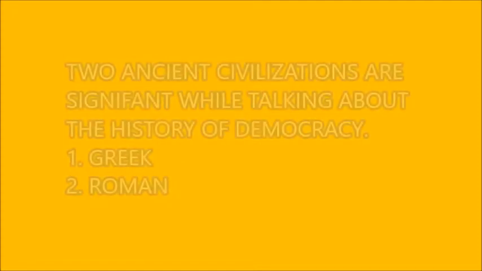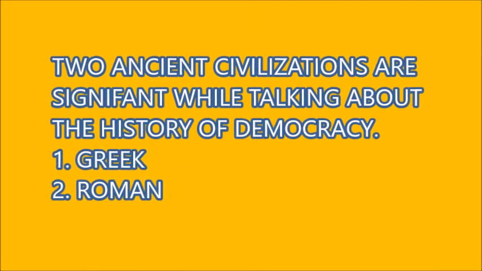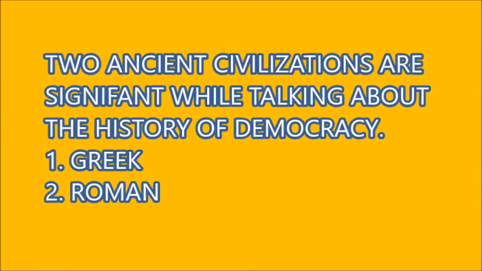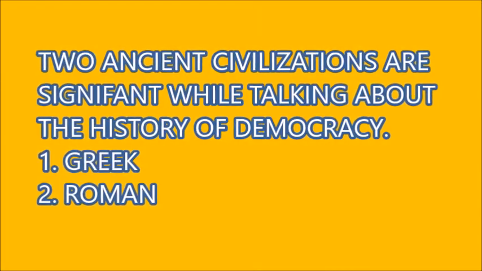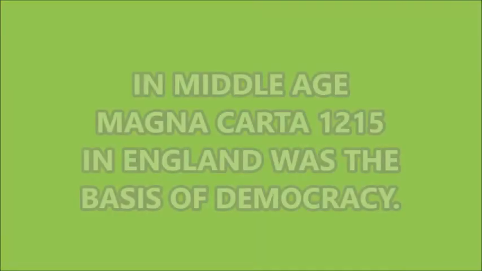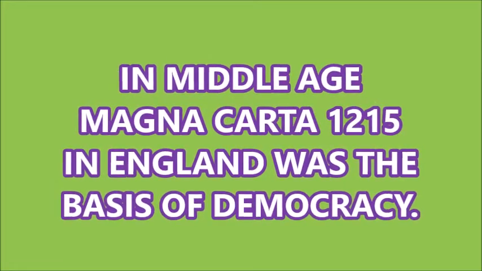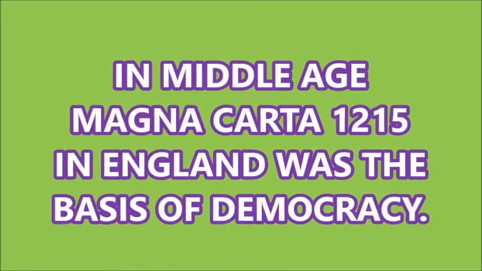Let's have a look at the history of democracy. Two ancient civilizations are significant while talking about the history of democracy. One, Greek civilization, and the other, Roman civilization. In the Middle Age, we'll see the importance of Magna Carta, which was the basis of democracy.